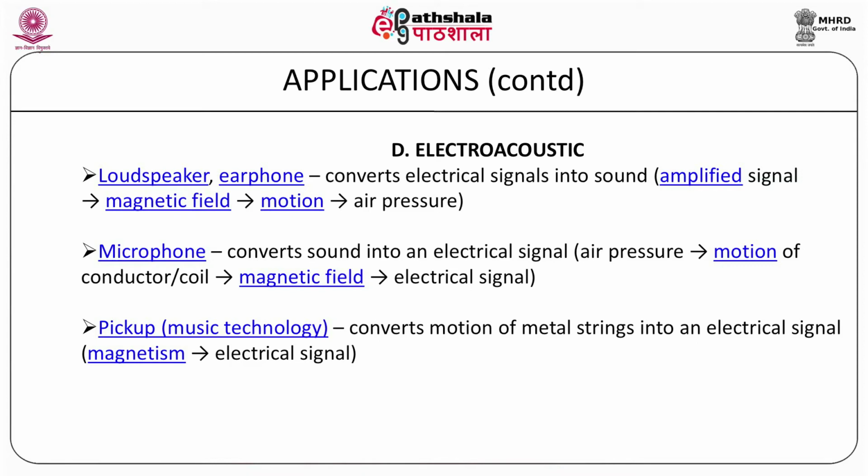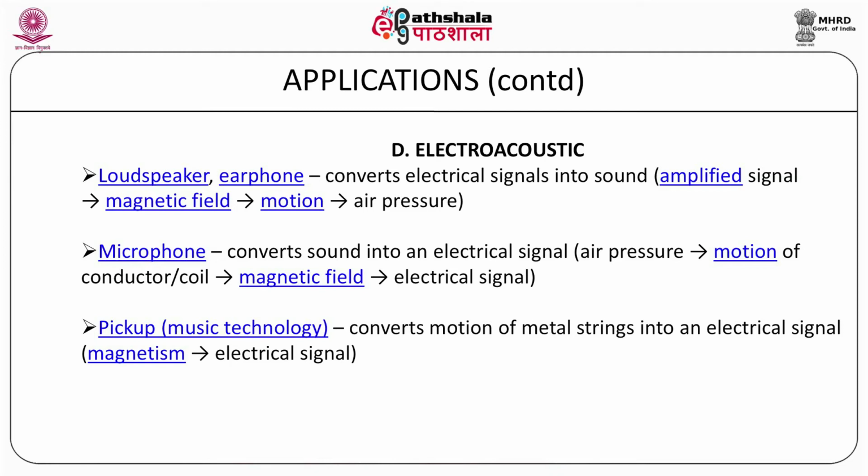Here the amplified signal is magnified and then converted to motion, then to air pressure. In the microphone, sound is converted to an electric signal, and air pressure to motion of the conductor coil, which converts to a magnetic field and again to an electric signal.